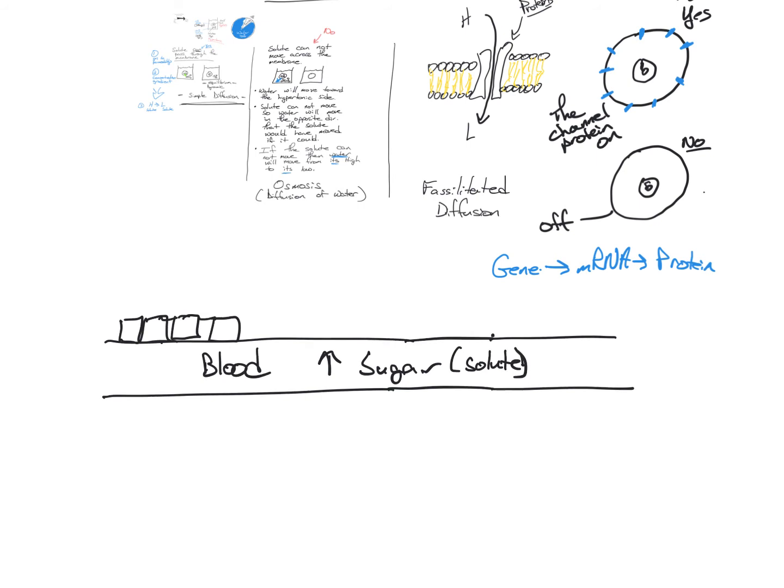Her vessels would, good. Excellent. Water would rush in. Water would rush into her blood, and it would start to swell. What would that mean? Increase in what? Close, not blood flow, blood pressure. And high blood pressure is dangerous.